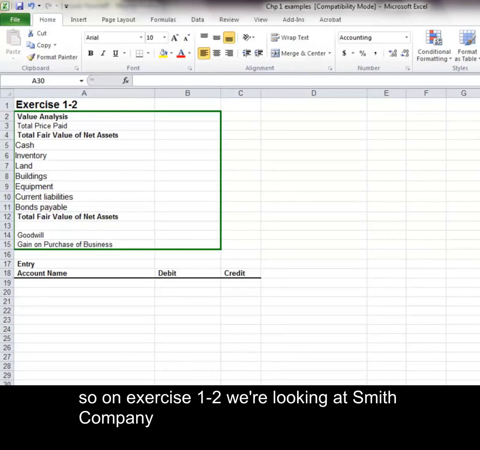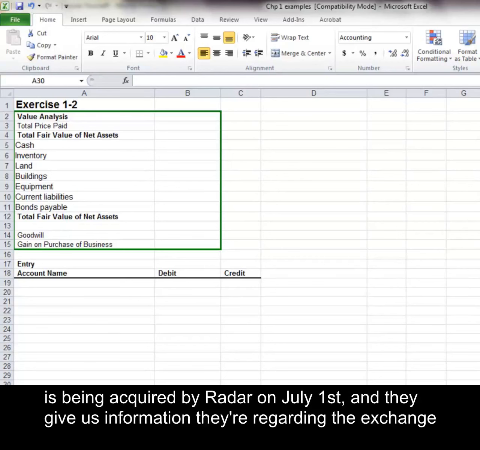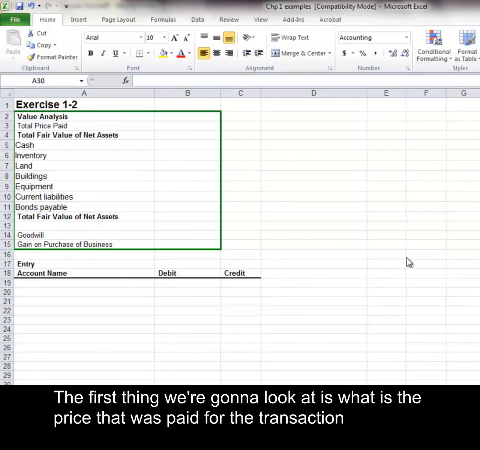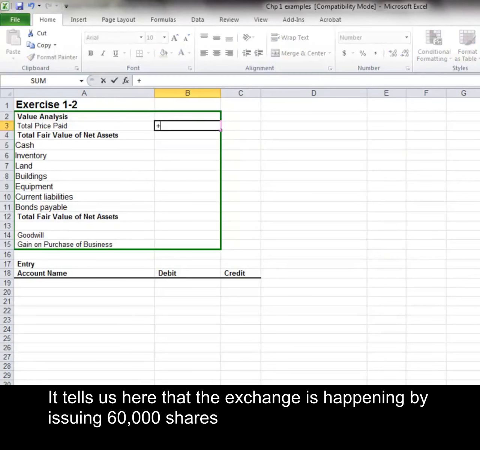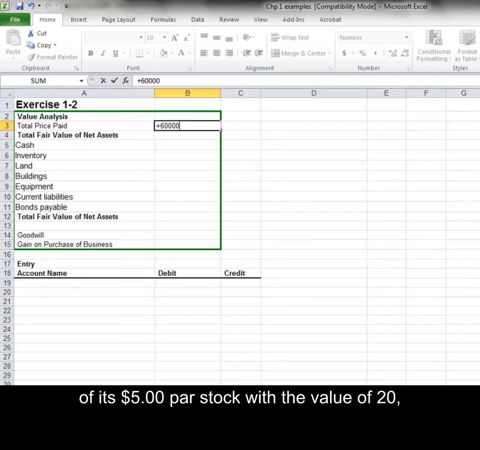So on exercise 1-2, we're looking at Smith Company being acquired by Radar on July 1st, and they give us information there regarding the exchange. The first thing we're going to look at is what is the price that was paid for the transaction. It tells us here that the exchange is happening by issuing 60,000 shares of its $5 par stock with a value of 20.